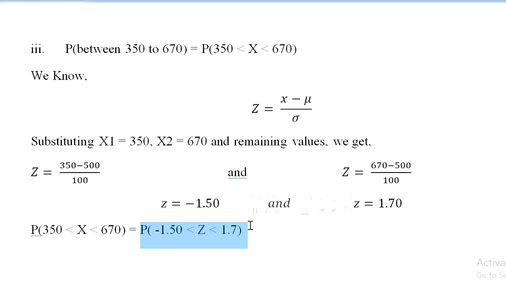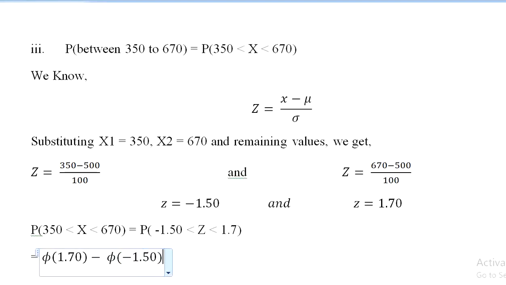Basically हम probability x की ही find out कर रहे हैं, लेकिन x को z में convert करके, क्योंकि z का टेबल हमारे पास बुक में अवेलेबल है और z के थ्रू सॉल्व करने के लिए हमारे पास थ्योरम्स अवेलेबल है. सो आप इस बिटवीन के साइन को ऑब्वियसली इस तरह लिख सकते हैं. It's phi of upper value 1.70 minus phi of lower value minus 1.50.